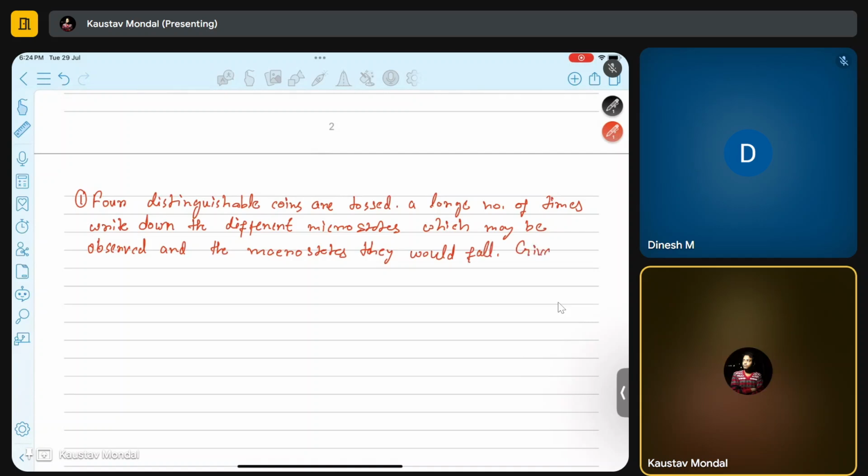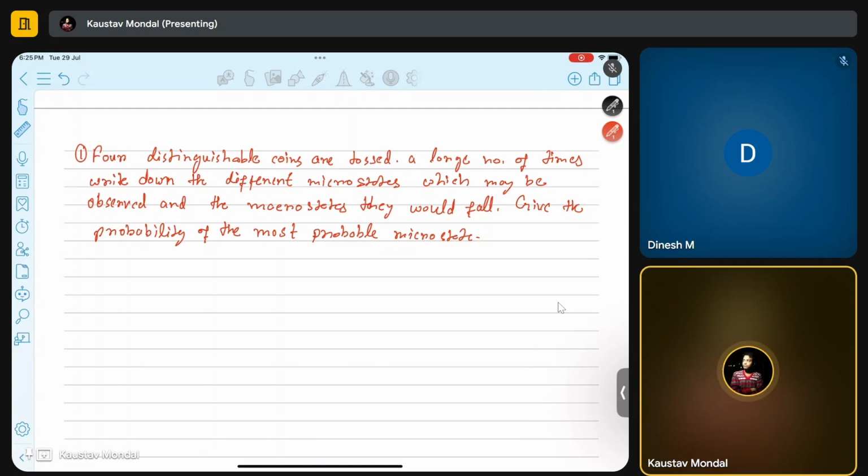Give the probability of the most probable microstate.